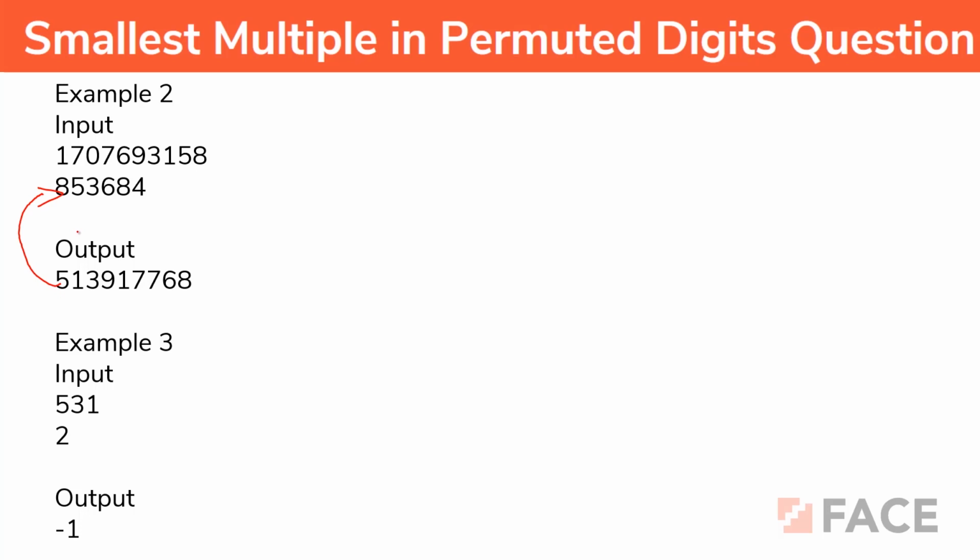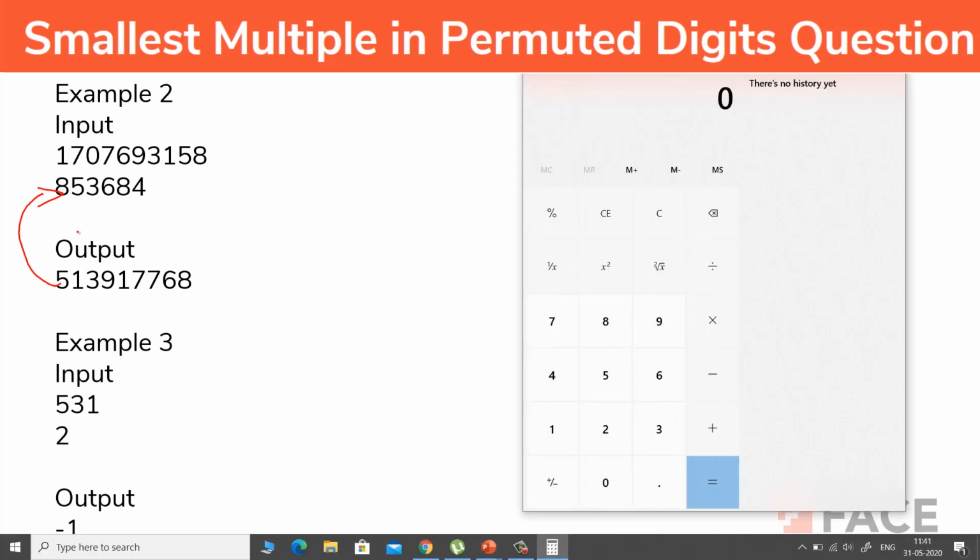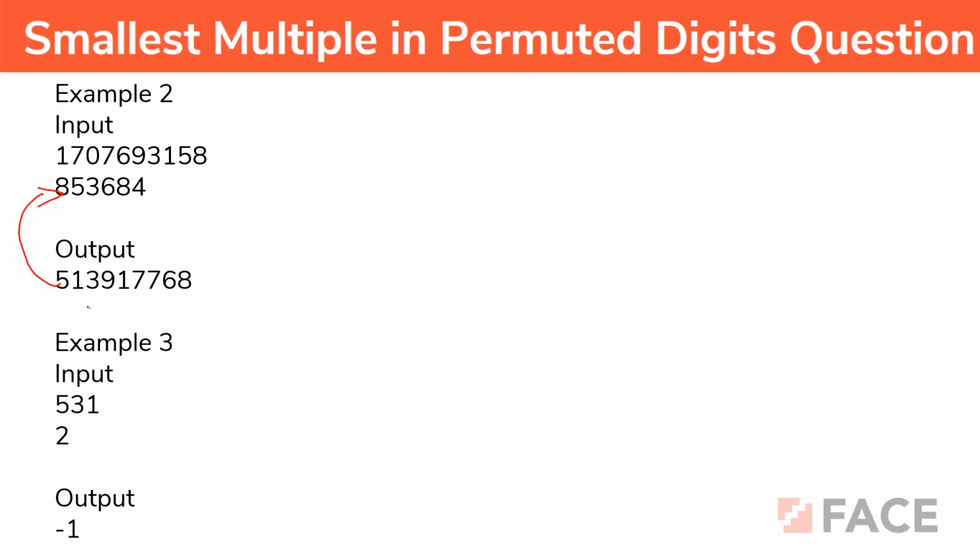Let's check whether it is exactly divisible or not by using a calculator. 513917768 divided by 853684. I have got a whole number, 602, without any decimal point, which means that the number is exactly divisible. And remember, this is the smallest permuted number of the given number n that is exactly divisible by d.